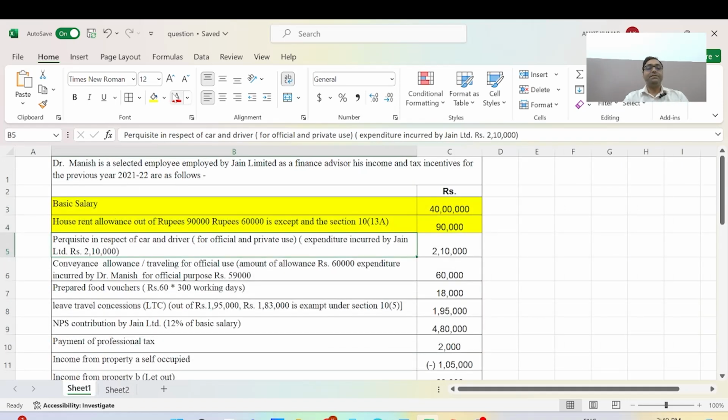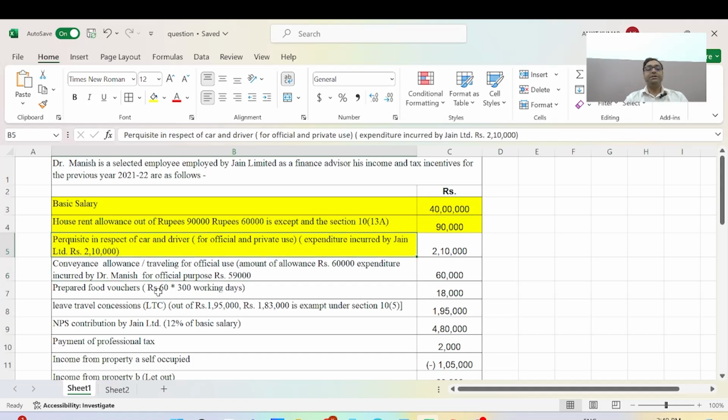Now we calculate the next point, conveyance allowance.